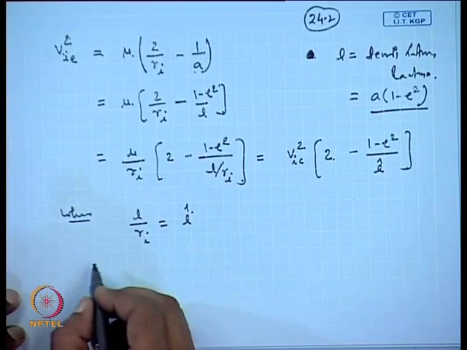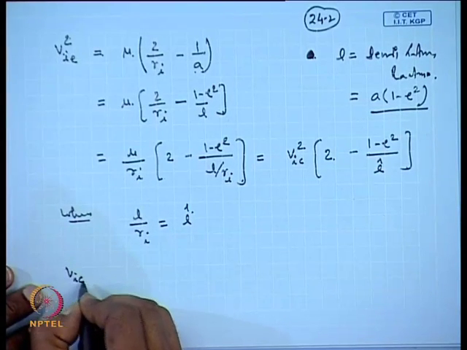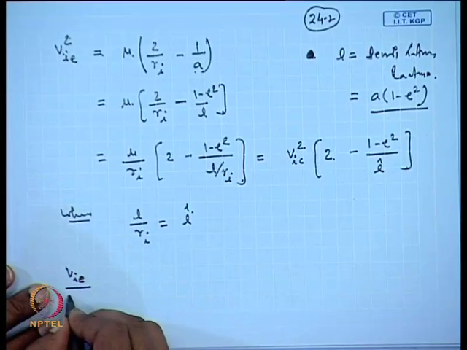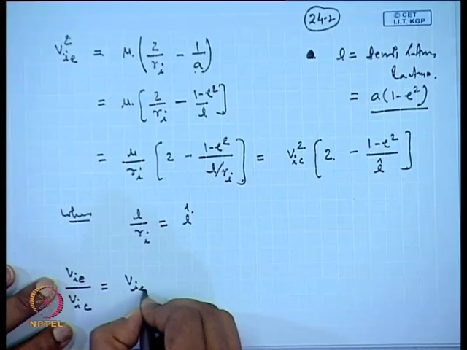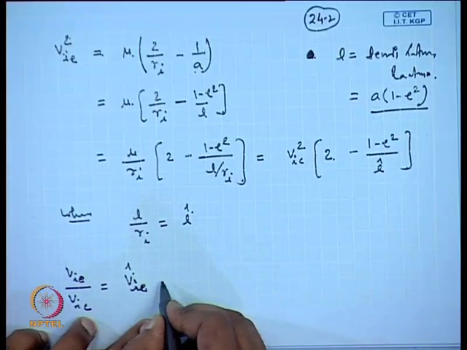Going further, V_Ie divided by V_Ic can be written as V_Ie cap, according to the notation that we have developed earlier.